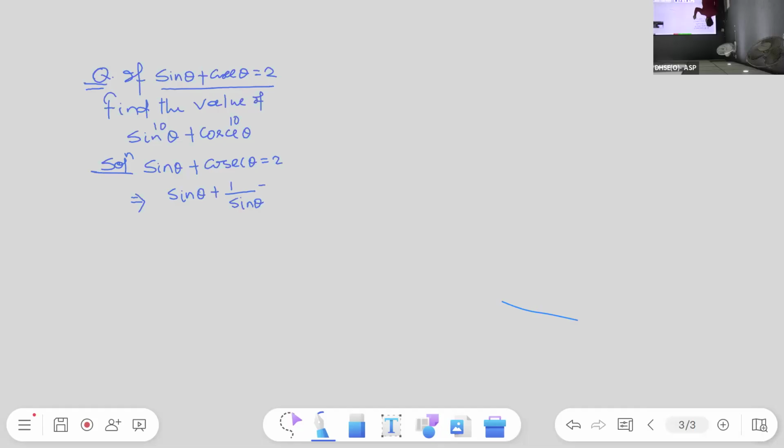So sin theta plus 1 upon sin theta is equal to 2. This implies sin square theta plus 1 upon sin theta is equal to 2.